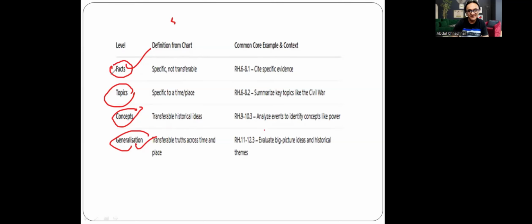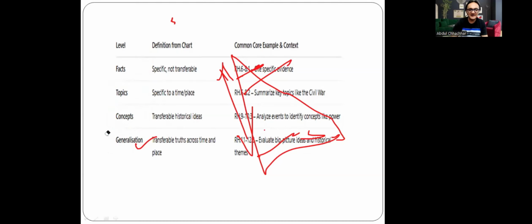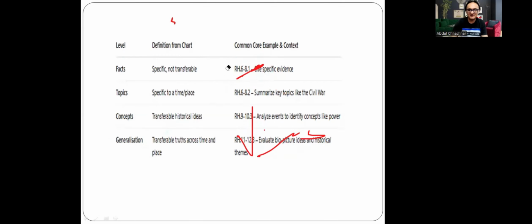So teaching will be bottom to top, and designing curriculum will be top to bottom. Don't worry that I wrote it as down; of course, it's not a top, it's a bottom, but I have already explained it, right? So generalization will be over here on top and fact will be down. This is what we call top to bottom. So standards are the top approach, and we narrow this approach down towards the objectives.